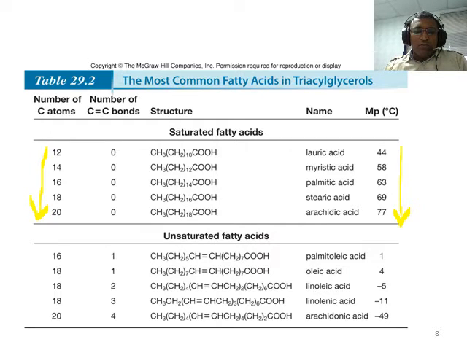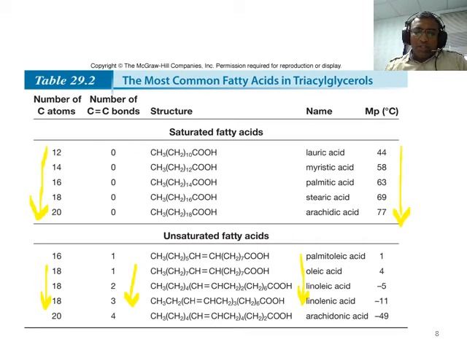And if you look at the inclusion of double bonds, especially in the 18 carbon, as you increase the double bonds, the melting point also decreases.